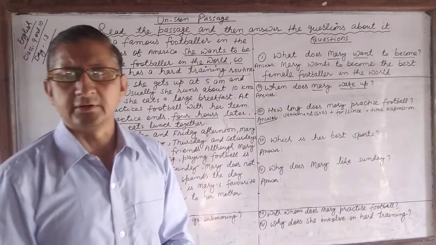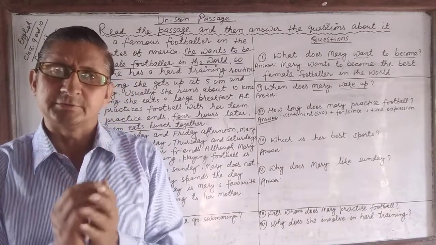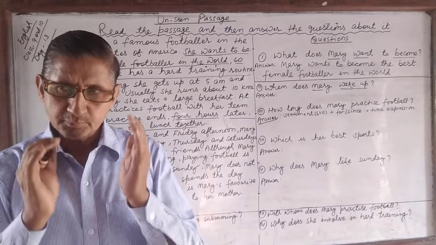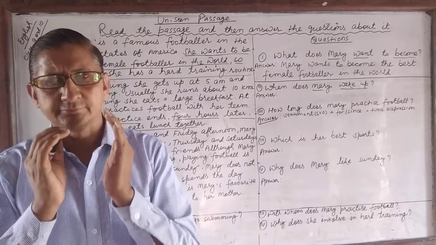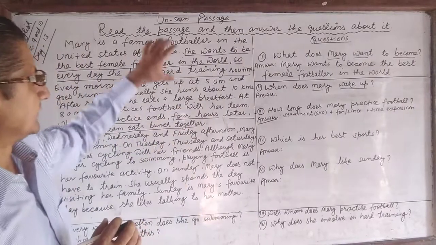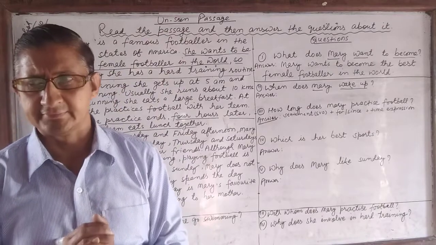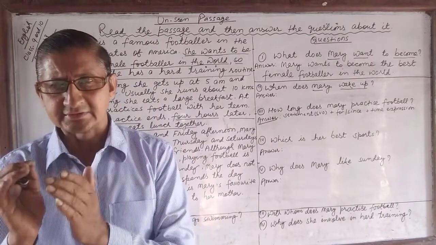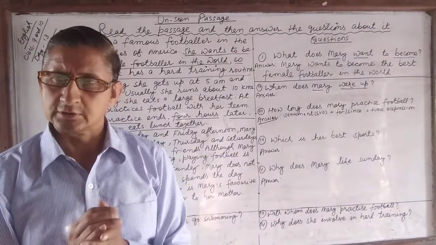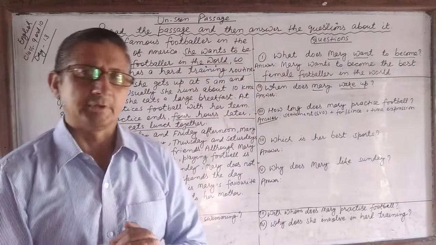In the previous video, we discussed that the answers of the questions are given in chronological order. This means the answer of the first question will appear in the beginning part of the passage, while the answers of the subsequent questions are given in the later portion of the passage.